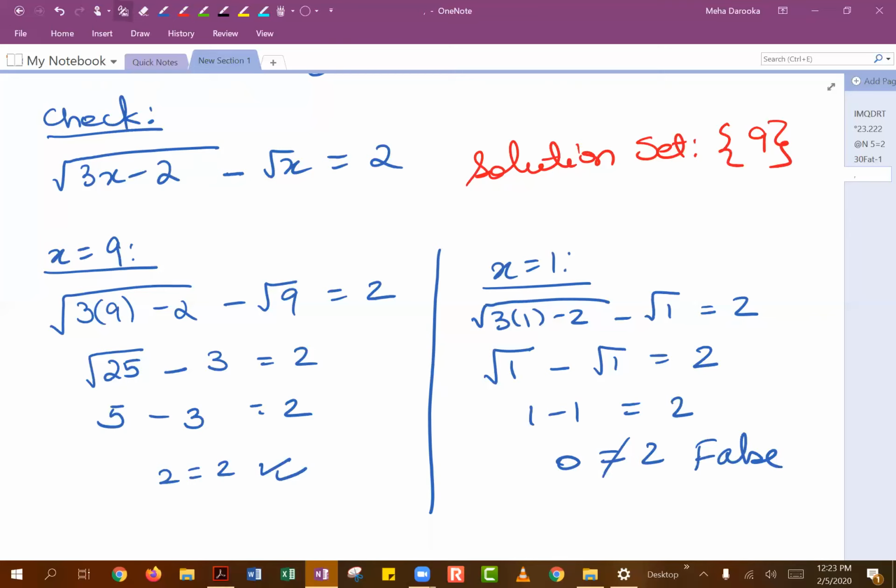But when you solve it, of course, you get both of them, but then the checking is to see which one you put as the final answer.